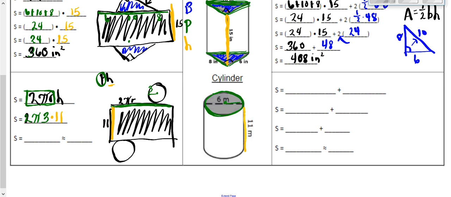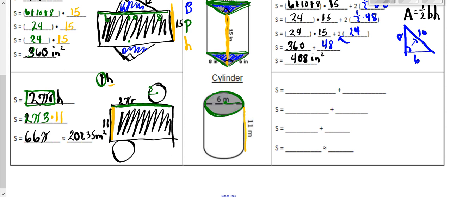Okay, so in our calculator, if we type it all in, we should get approximately, when we multiply, let's first just do 2 times 3 times 11. So 2 times 3 is 6. 6 times 11 is 66, so I'm going to be doing 66 times pi. And 66 times pi is approximately 207.35 meters squared.